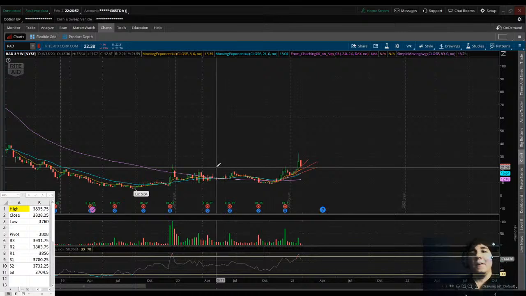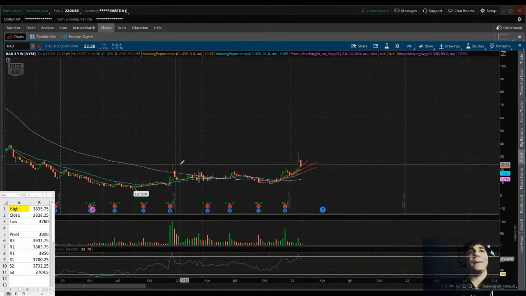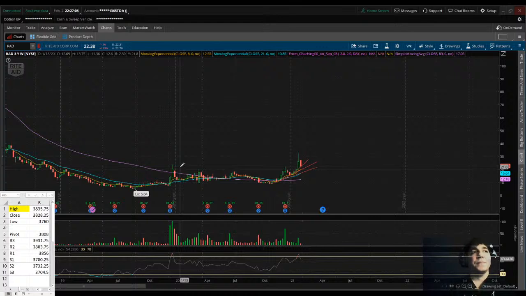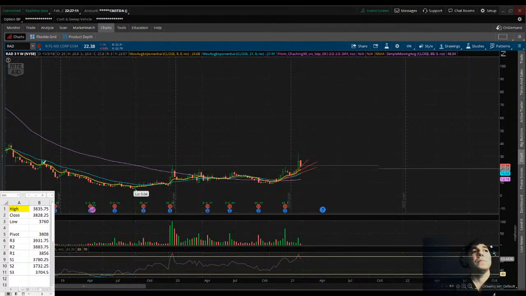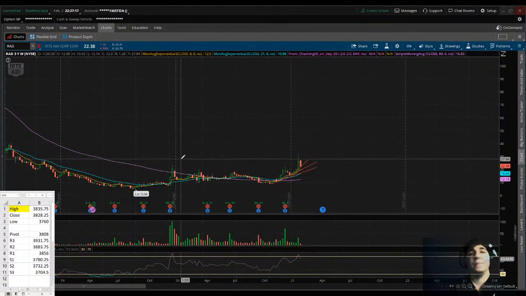Something I note when I'm trading is I like to look all the way back and try and find, like, you see right here was an area of support resistance in the past, and you can see that played a role right here.